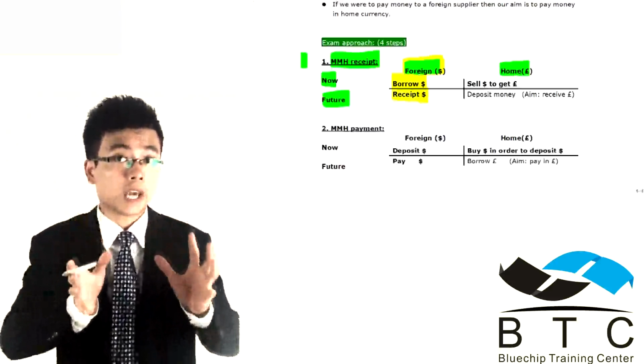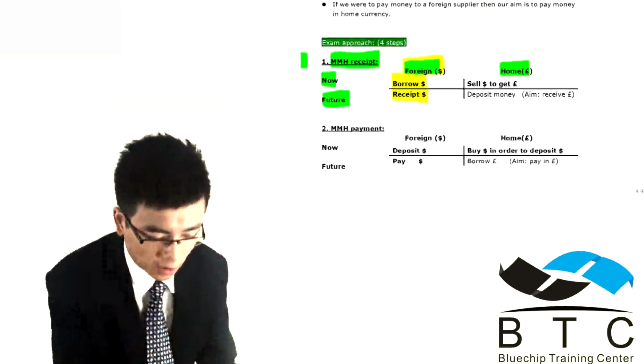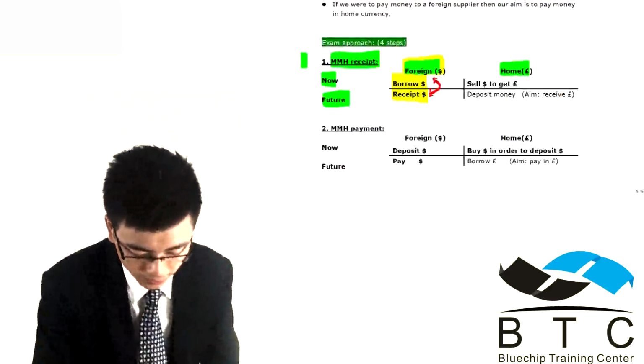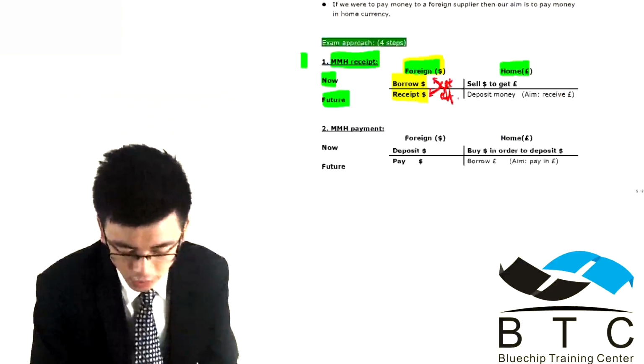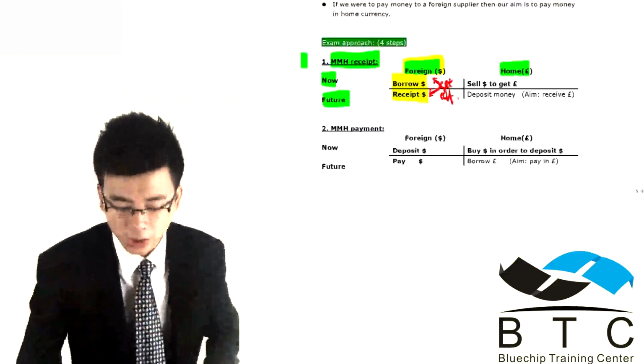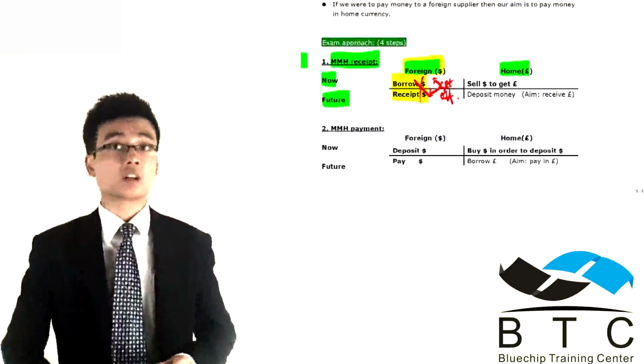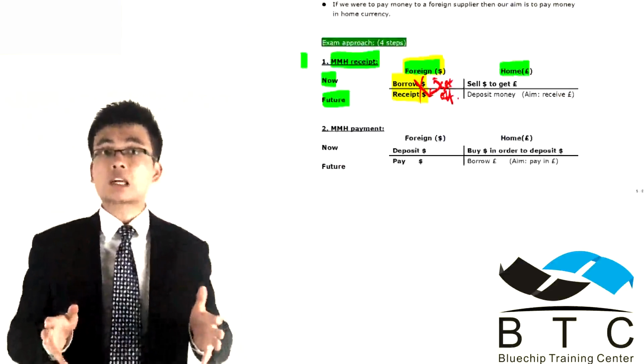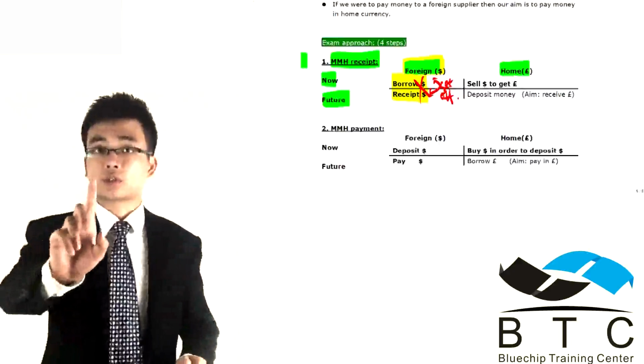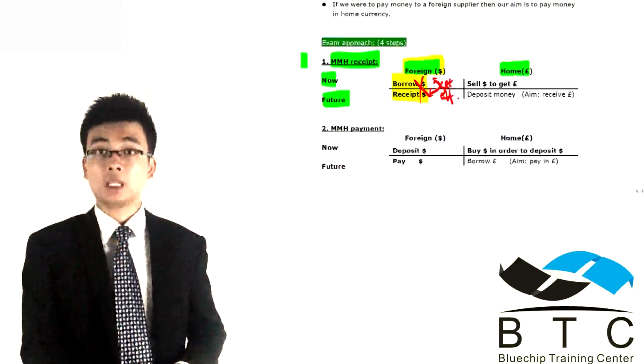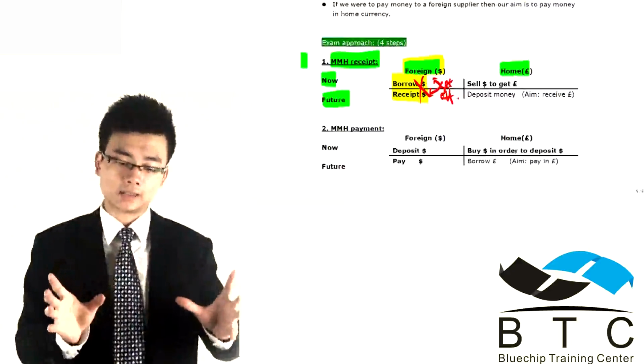So you're going to create a liability to set off against each other. You can see here, by doing so, you can eliminate all of the dollars. You're not going to receive any dollars at some point in the future. So that's the reason why you're going to do that. You're going to hedge against it.